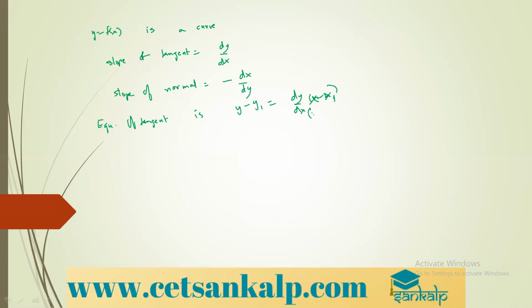Later in dy by dx, you have to substitute x1, y1. Similarly, equation of normal is y minus y1 equal to minus dx by dy into x minus x1.